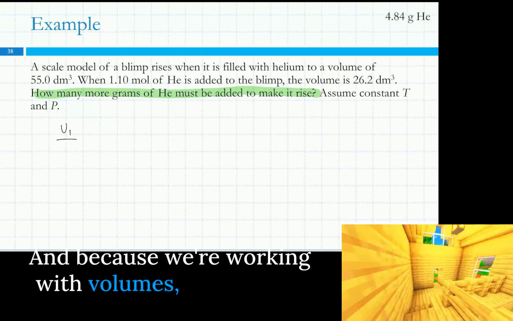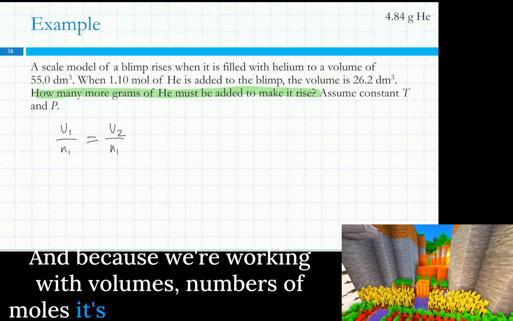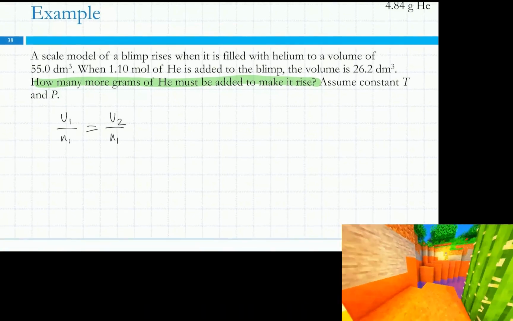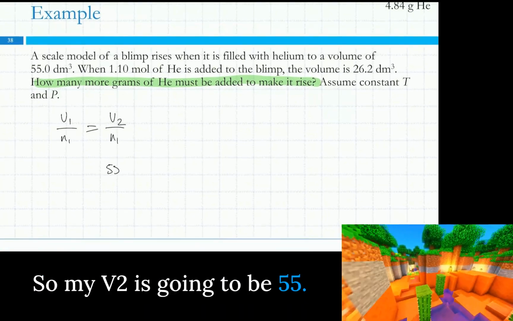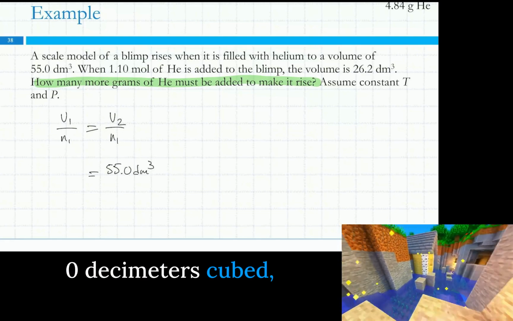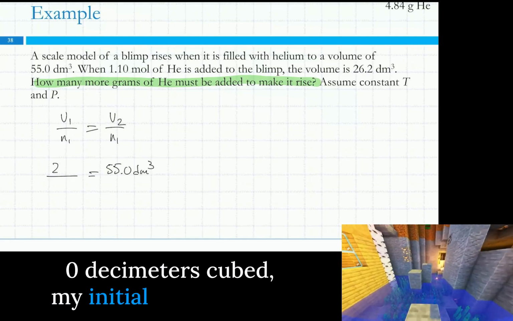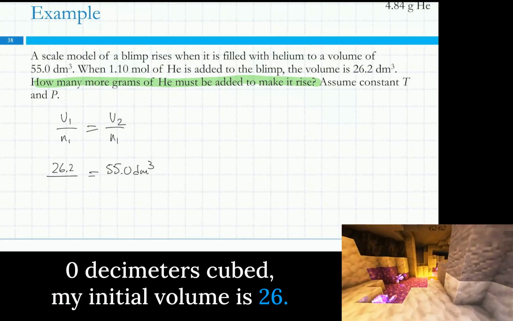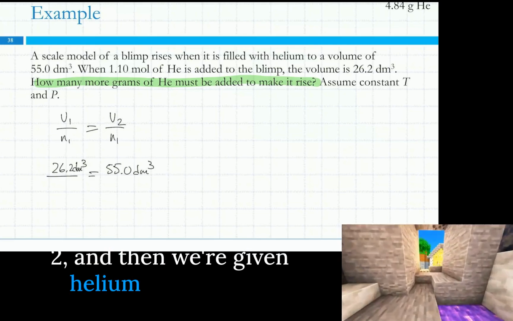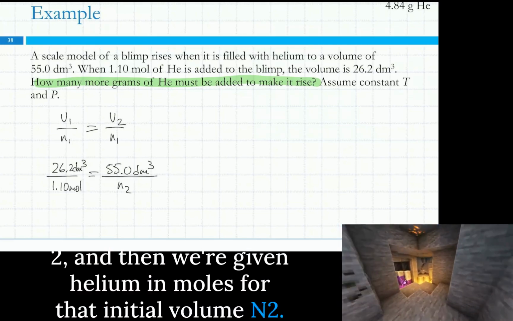And because we're working with volumes and numbers of moles, it's Avogadro's law again. So my V2 is going to be 55.0 decimeters cubed. My initial volume is 26.2.